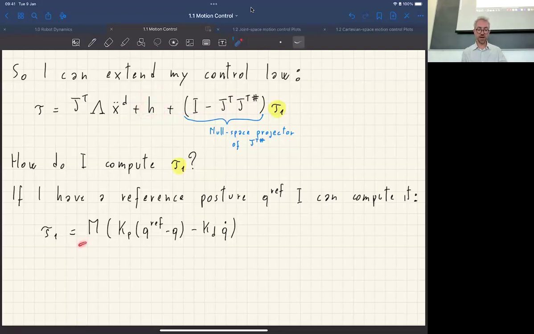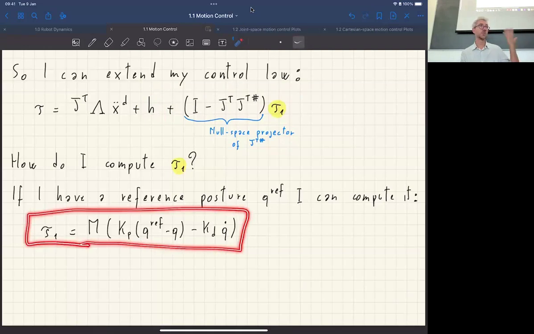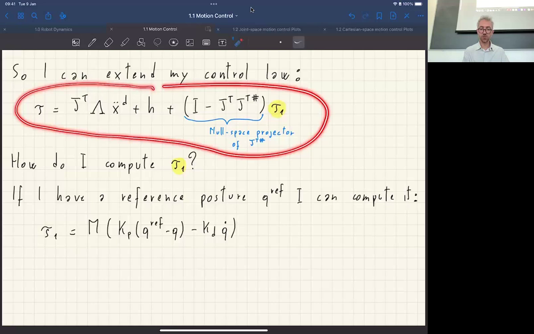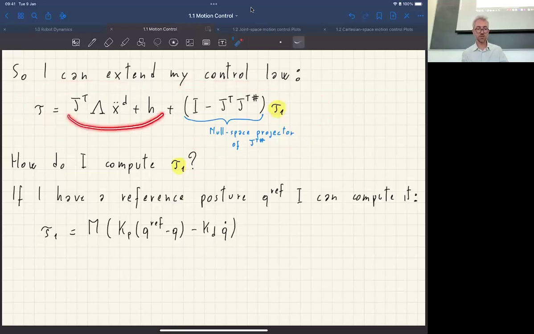So this is a simplified control law with respect to what we had before. So this is the way I choose tau 1. And then if I put everything together, this is the overall controller. So I have the first part, which is taking care of the end effector motion. And then I have the second part, which is taking care of the joint space stabilization.